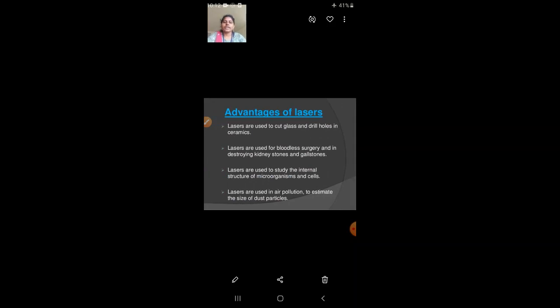And advantages of lasers: lasers are used to cut glass and drill holes in ceramics. Lasers are used for bloodless surgeries, and in destroying kidney stones and gallstones. Lasers are used to study the internal structure of microorganisms and cells.